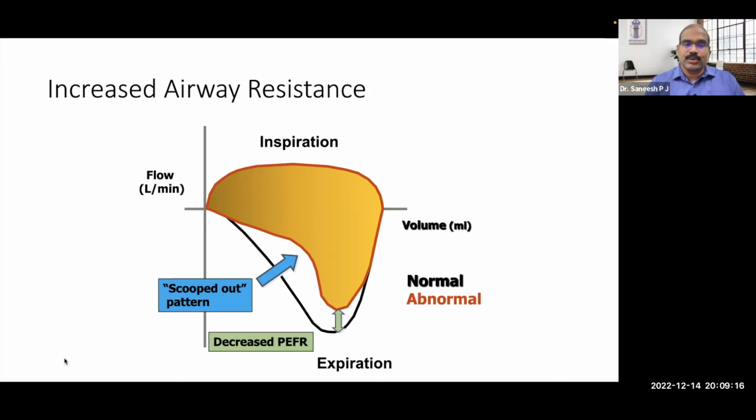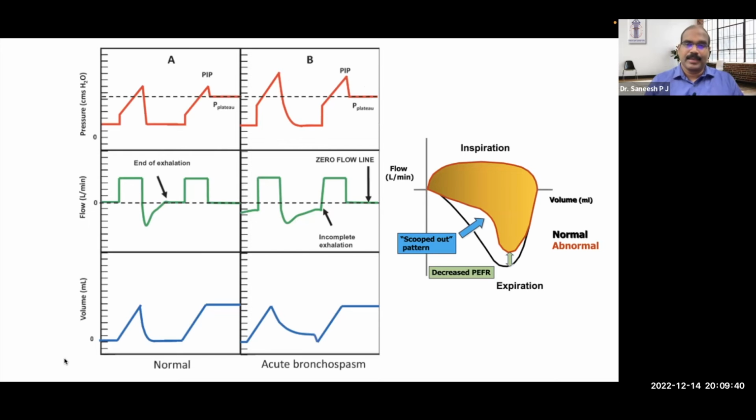You can also note that the PEFR, peak expiratory flow rate, has come down. What does it indicate? That means there is expiratory flow limitation, which happens with increased airway resistance conditions, like acute exacerbation of bronchial asthma or COPD.